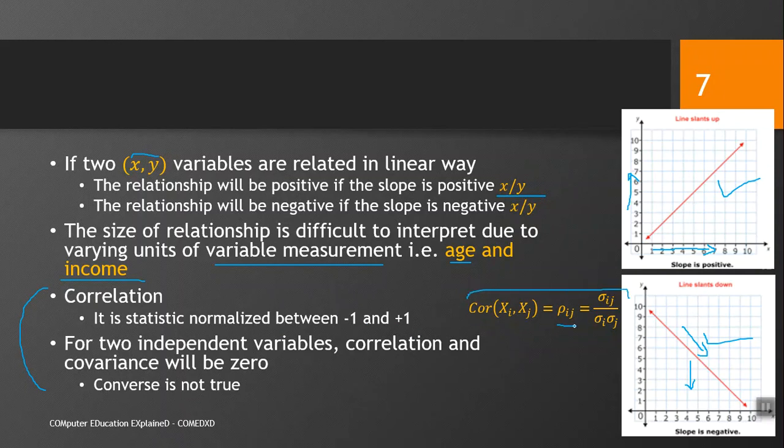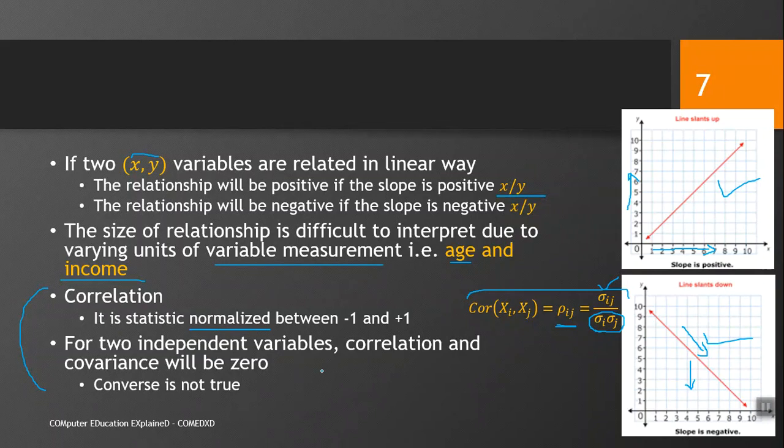The correlation coefficient is denoted as rho ij, which is equal to the covariance of feature i with feature j divided by the standard deviations of i and j. So this is basically a normalizing factor.